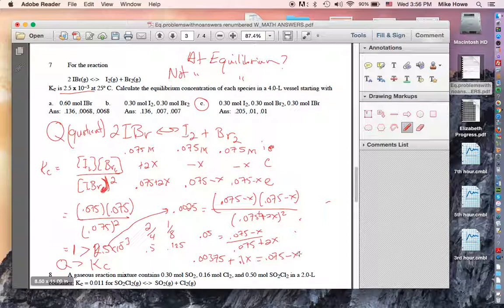So now I'm going to combine my x terms by adding x to both sides. So up here I'll do that. I have 1.1x, and then I have to take 0.075 and subtract the 0.00375. And that equals 0.07125.